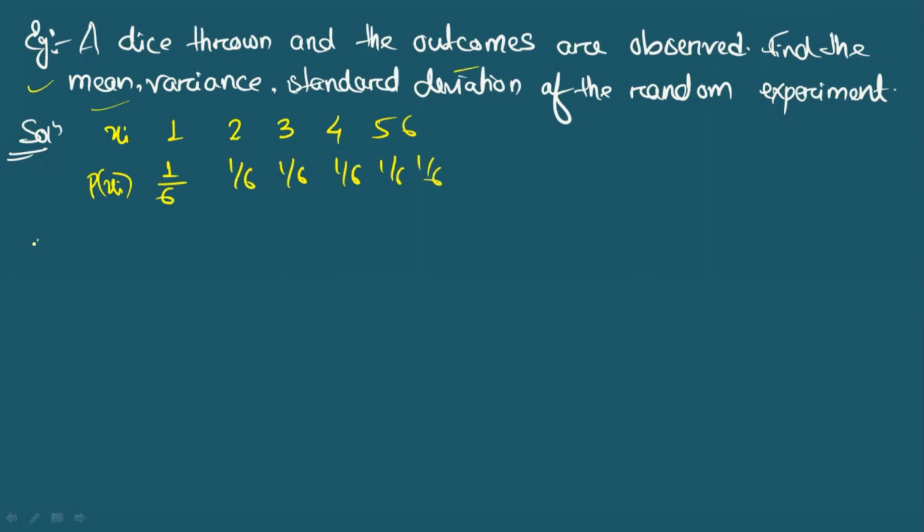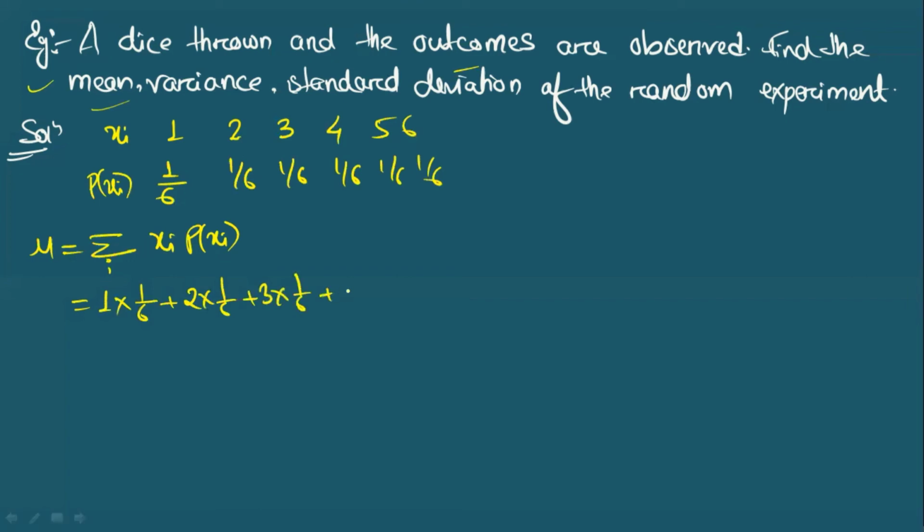Clear. Now you will calculate the mean mu. So mu is equals to summation i of xi times probability of xi. So you will calculate for individual and you will take the summation. For 1, the probability is 1 by 6. For 2 also it is 1 by 6, for 3, 4, 5, and 6 also it is 1 by 6.